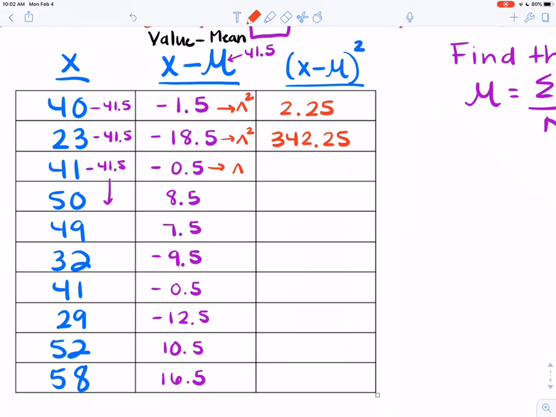All right, and just like I did for the second column, I'm just going to continue this all the way through my table. So 8.5 squared gives me 72.25. And I'm going to continue filling in until I have squared each one of the deviations in my second column.